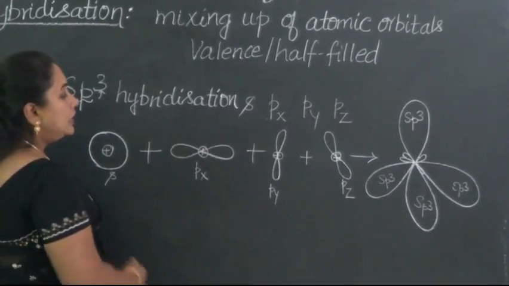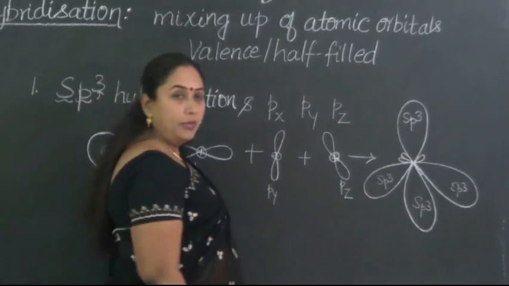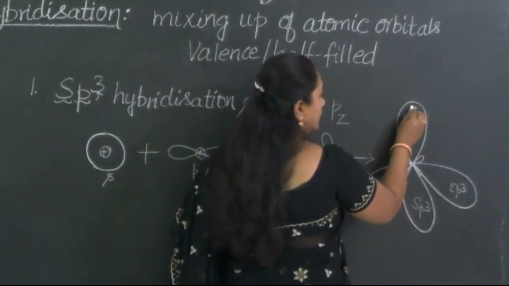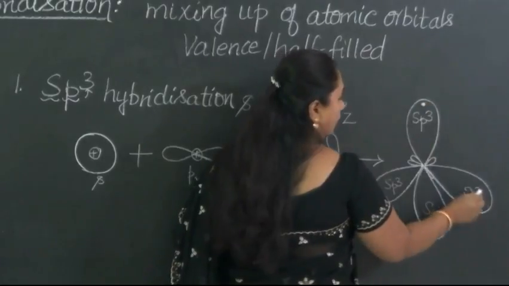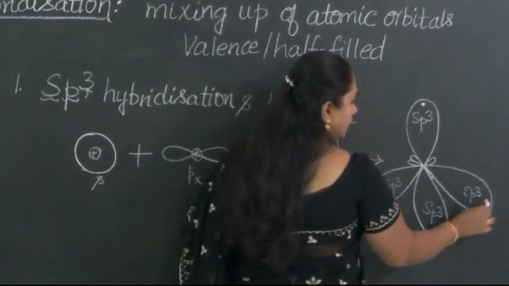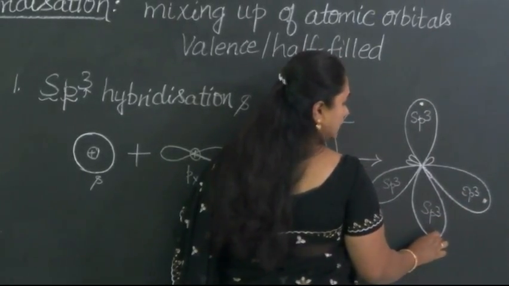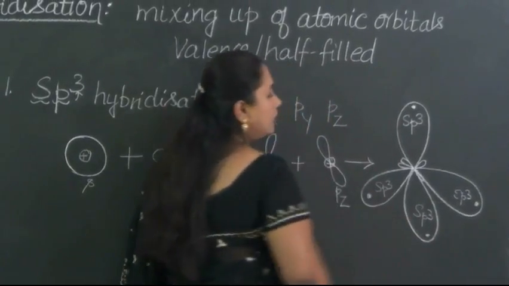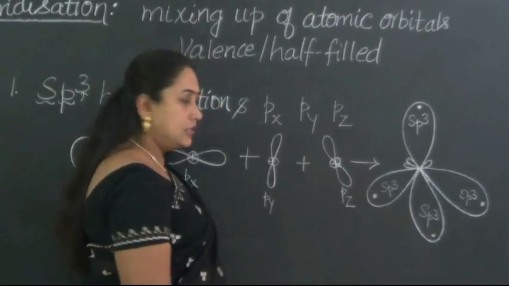And where would these electrons be? In the hybrid orbitals. Now each of the sp3 hybrid orbitals will be containing one electron. These are the electrons that would be present in these atomic orbitals, which are now present in the hybrid orbitals.